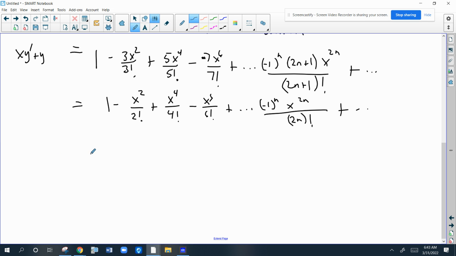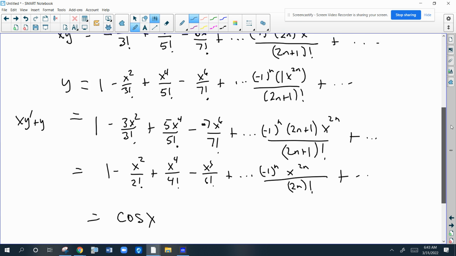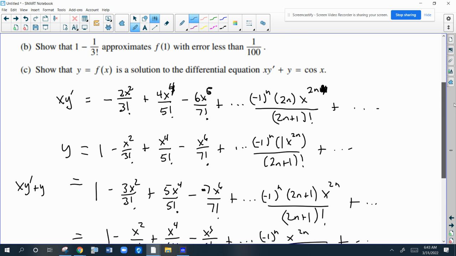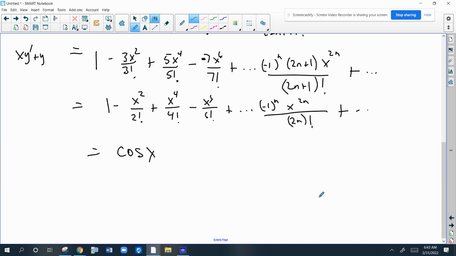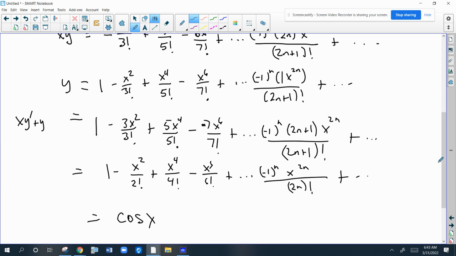So this does equal cosine. And the first clue that it was going to equal cosine is that's what it says it has to equal. So that's it. It wasn't too bad. Just a lot of work up this way, but it worked out.